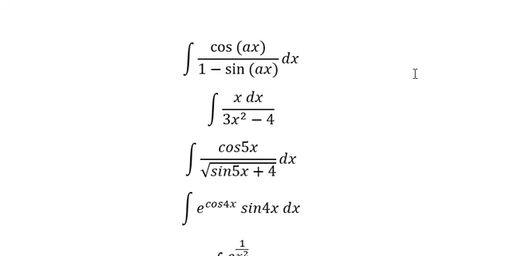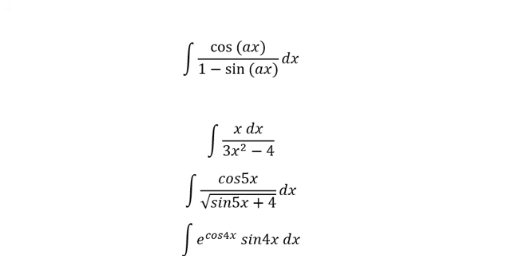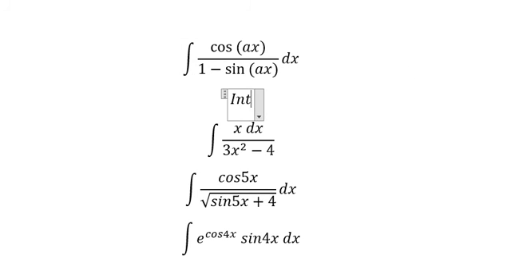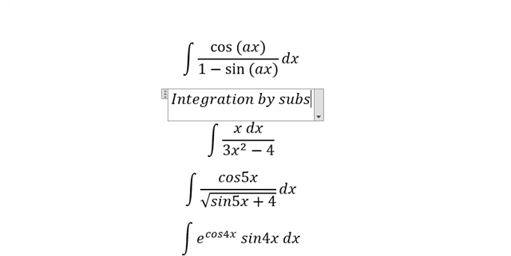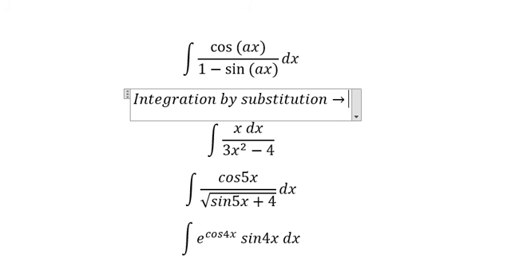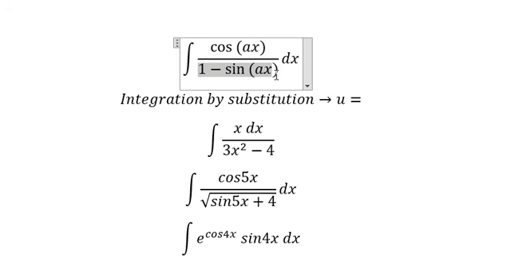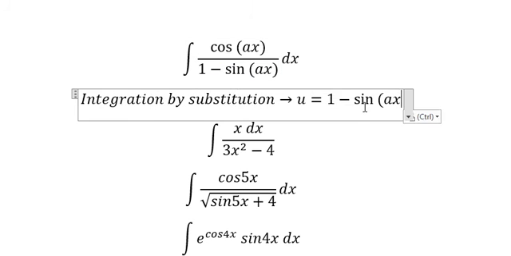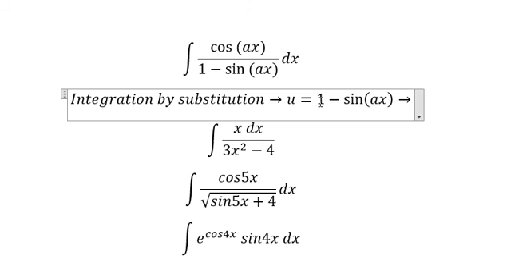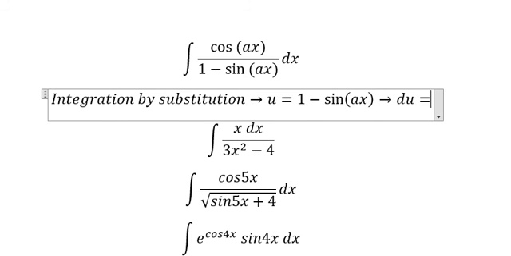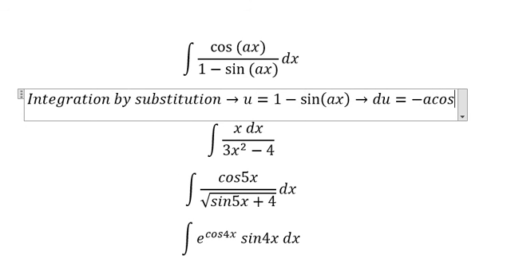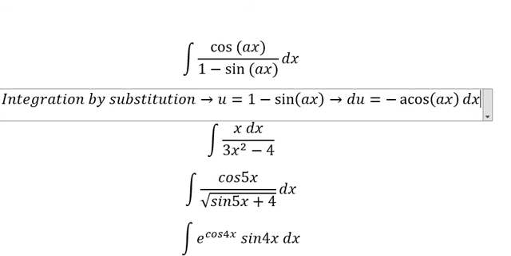Now let's go to the next one. We need to use integration by substitution. So I will put u equals this one. So we do first the derivative for both sides, and you get negative a cosine as ds. Because we don't have negative a in here, we divide both sides by negative a.